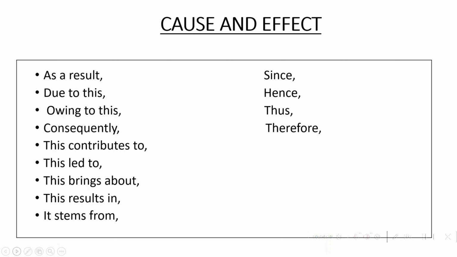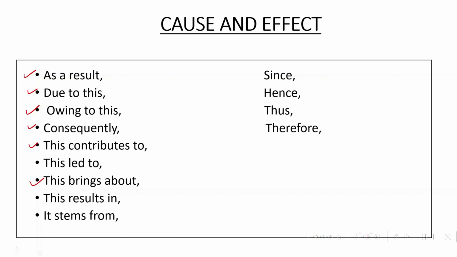The next is to show cause and effect. Because of this. So because we are dumping plastics everywhere and not segregating our waste, due to this or as a result. So because of this, and then you can write the result. So if you are always writing because of this, a better word for this is owing to this or consequently, or this contributes to, or this leads to, this brings about, or this results in, or this stems from.